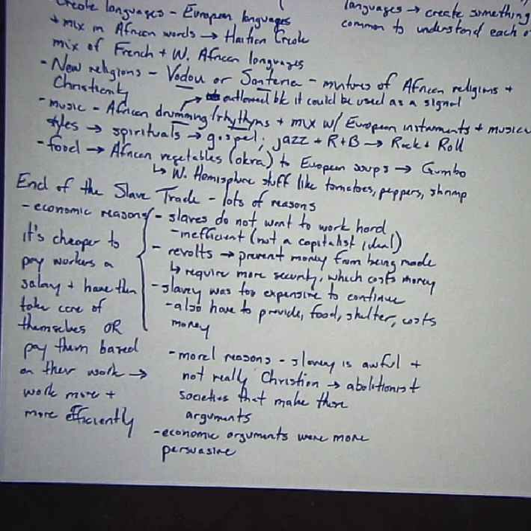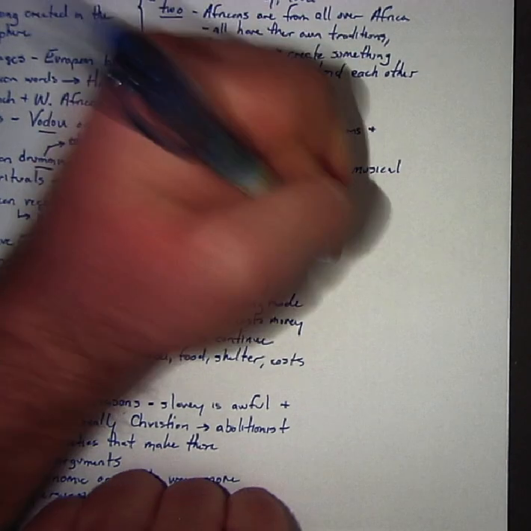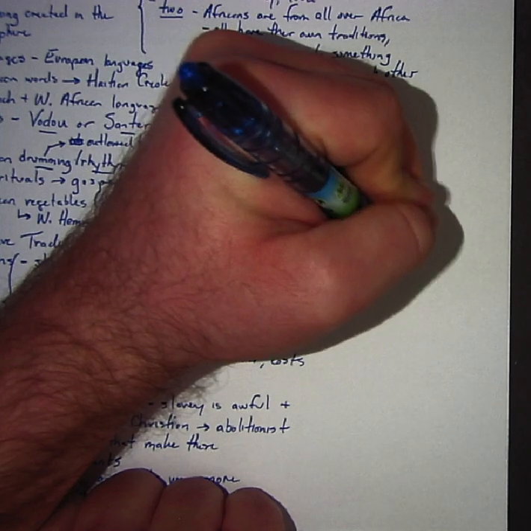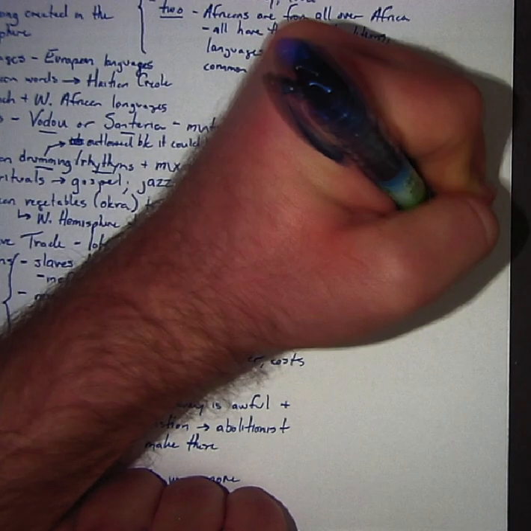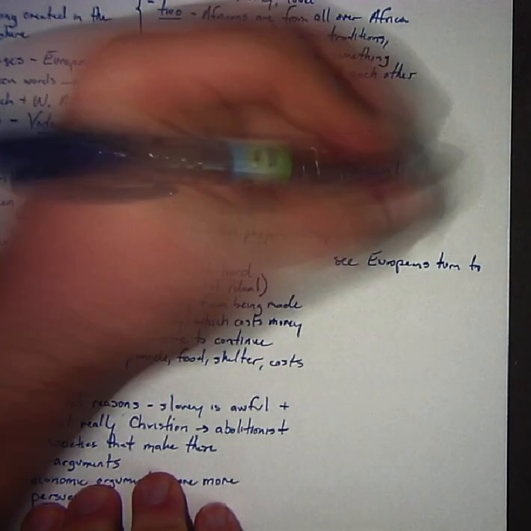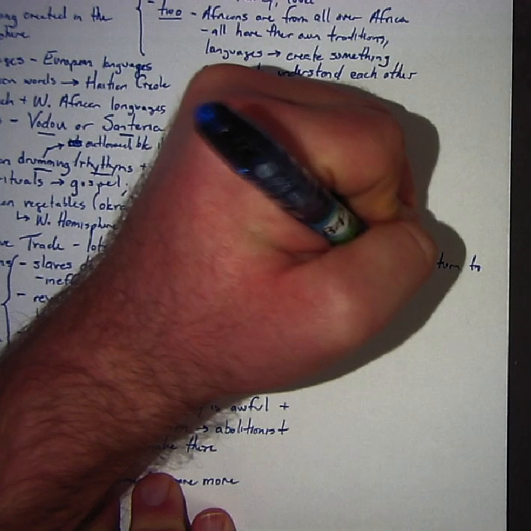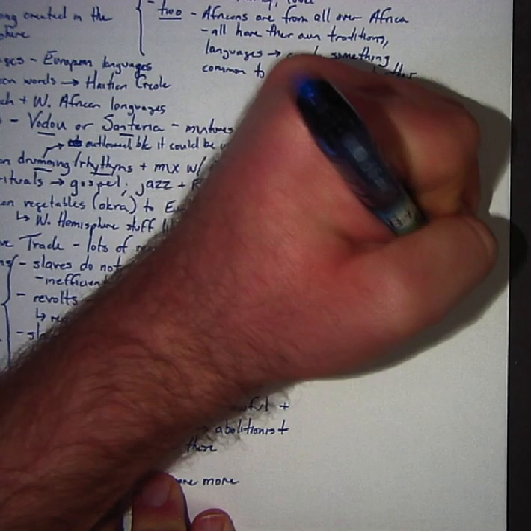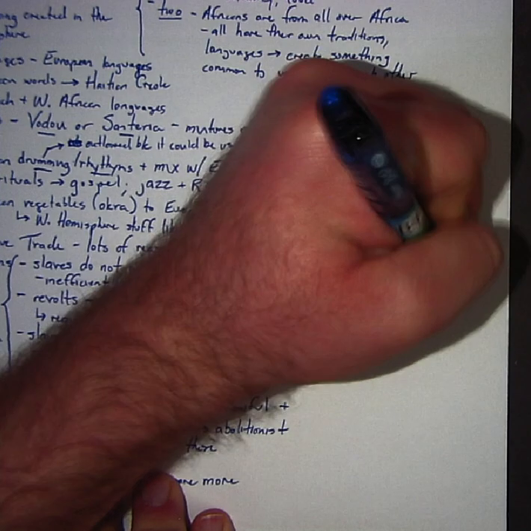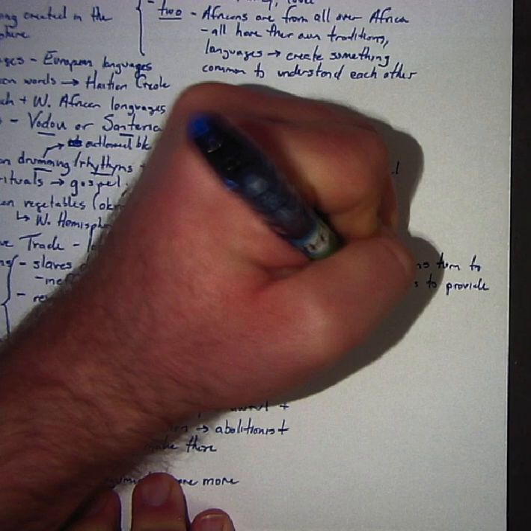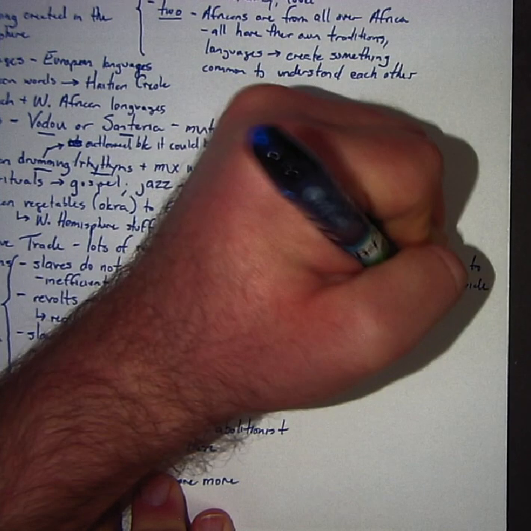So what we're going to see, and now we're kind of getting into beyond time period 4, but eventually what we'll see is the Europeans turn to paying Africans to provide raw materials to Europe.